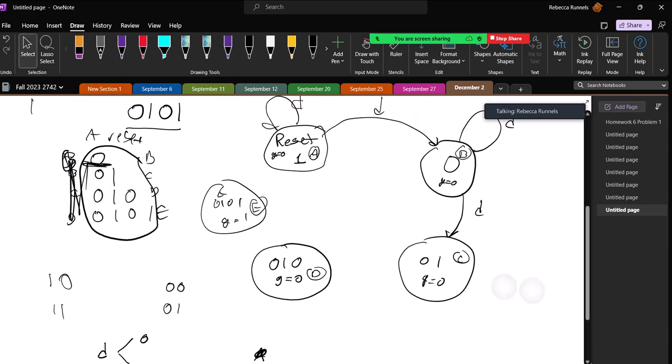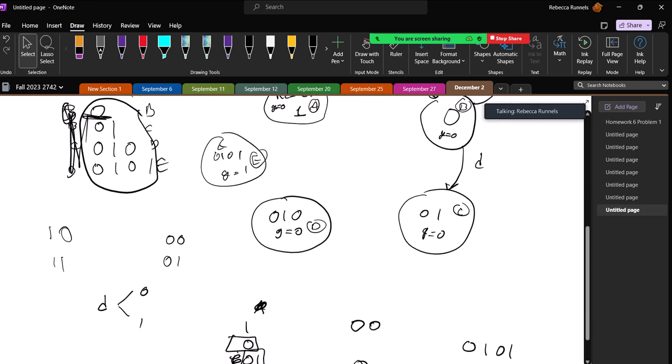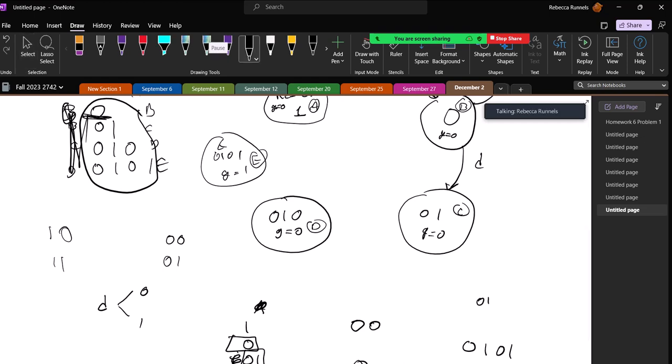So now, given I've done both of my possibilities when I was in state B, now I'm in state C. State C means that I already have a 0, 1. So my two possibilities are that I get a 0 or I get a 1.